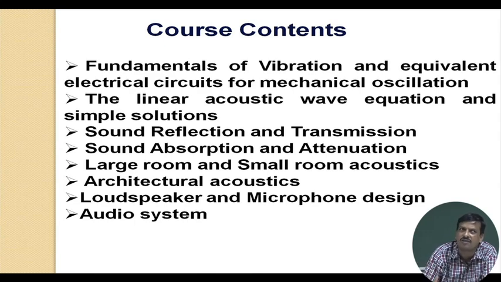How this acoustic wave is propagated in the medium is described by the linear acoustic wave equation. That means we have to derive how acoustic pressure wave or acoustic energy travels from one point to another. The mathematical derivation of those properties is called the acoustic wave equation.